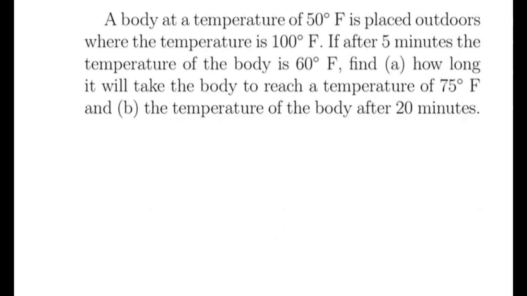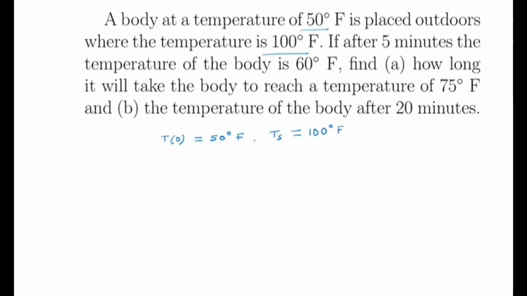Okay. So here we have given that the body at a temperature of 50. That means the initial temperature T of 0 is nothing but 50 degree Fahrenheit. Okay. So is placed outdoors where the temperature is 100 Fahrenheit. So that means that surrounding temperature Ts is 100.